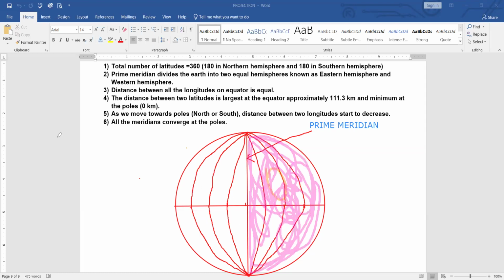So let's label these. This side is the eastern hemisphere, and here we have the western hemisphere.